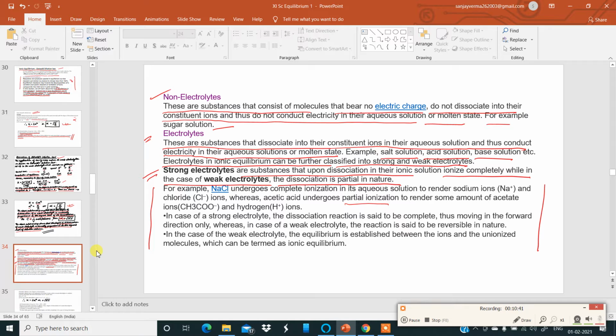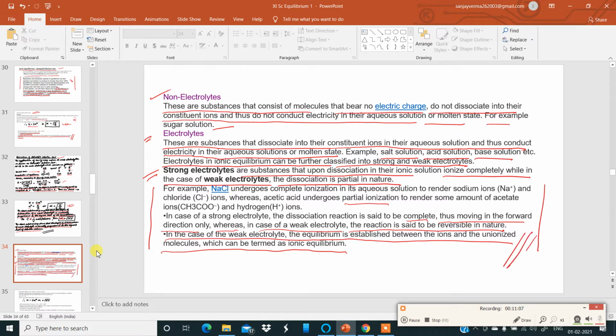Okay. Now, in case of a strong electrolyte, the dissociation reaction is said to be complete, thus moving in the forward direction only. Whereas in case of a weak electrolyte, the reaction is said to be reversible in nature. In case of a weak electrolyte, the equilibrium is established between the ions and the unionized molecules, which can be termed as ionic equilibrium.